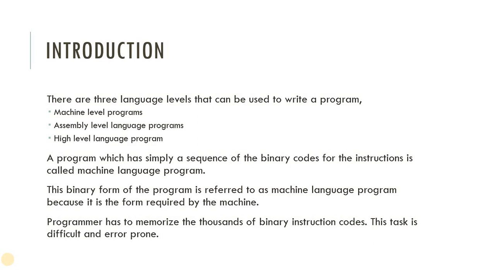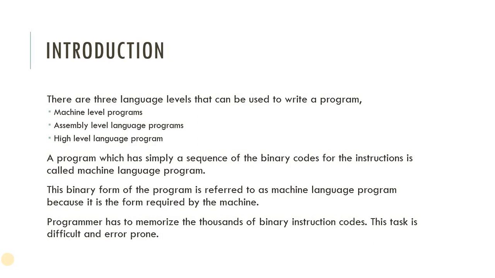After converting the instruction into binary format, the computer can read it. So the first language is the machine level program, meaning we are writing a program in binary format so the computer can directly understand it, and there is no need to convert the program into binary format. We are directly writing programs in binary format. That is called machine level programs.